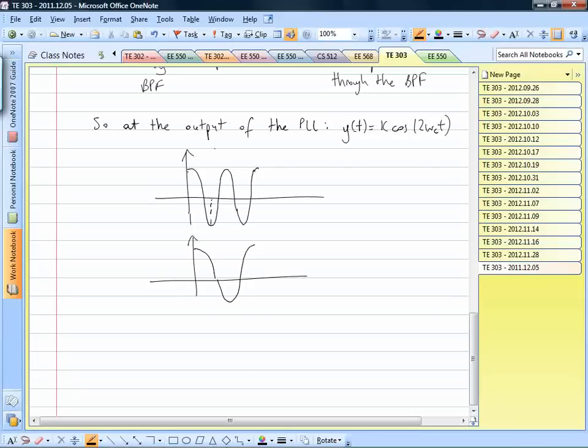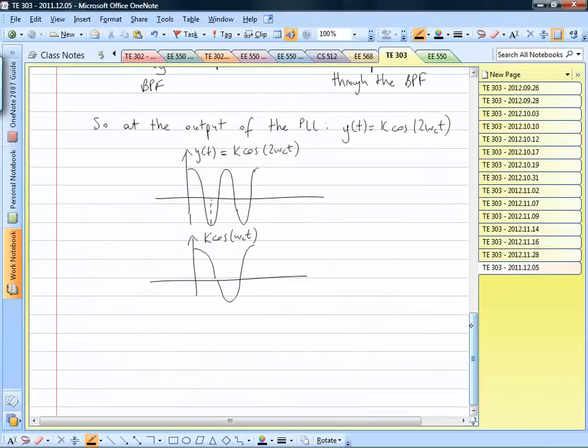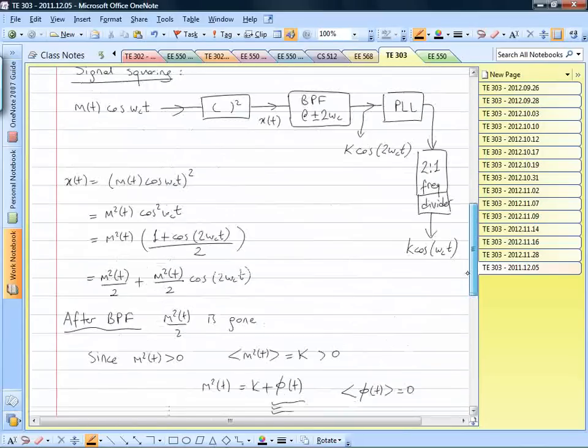So this is your double frequency signal, y of t, which you can generate, so there's no problem, which is equal to k cosine 2 omega ct, and this one is k cosine omega ct. Of course, if there's a phase in the input, then it will also track the phase because you're using the PLL, so you won't have any problems. So you can verify that there's no problem in this circuit. So this is one approach. You can generate this carrier by signal squaring.